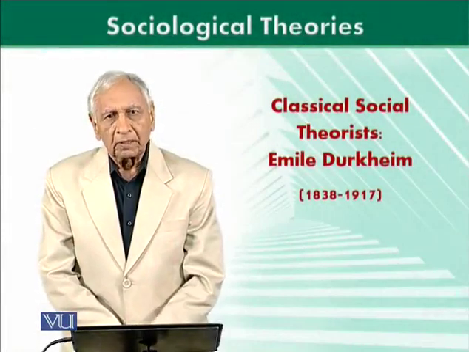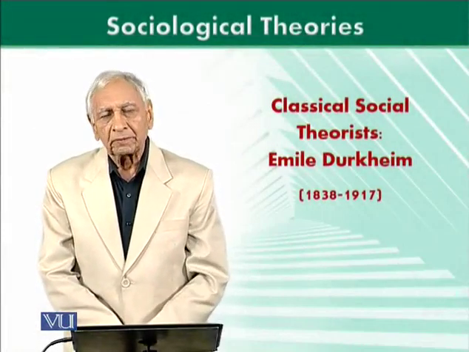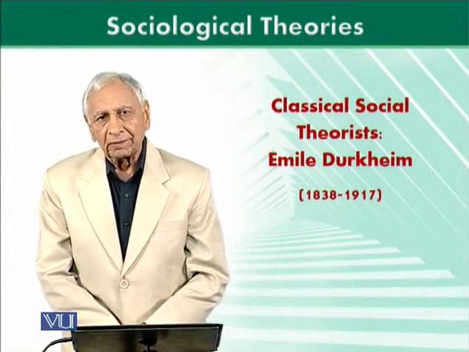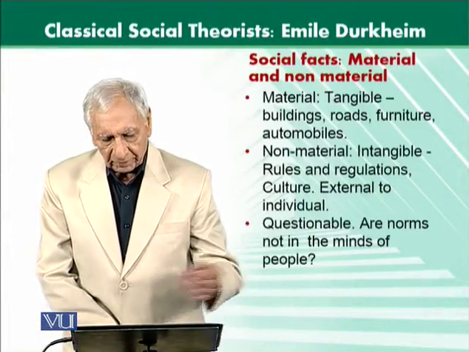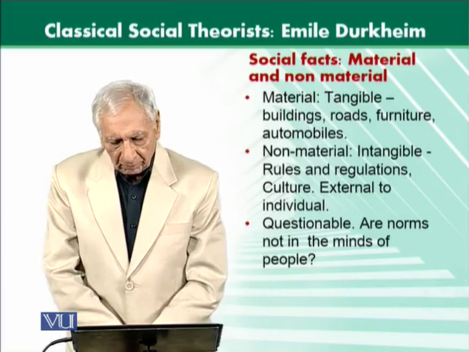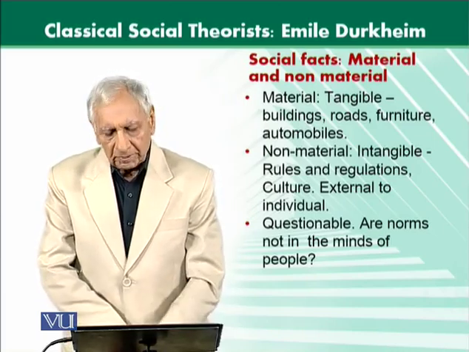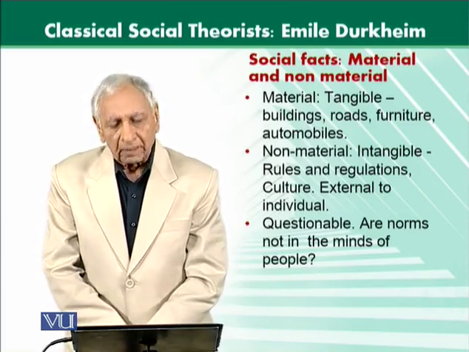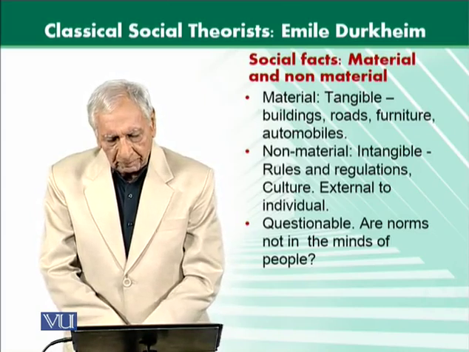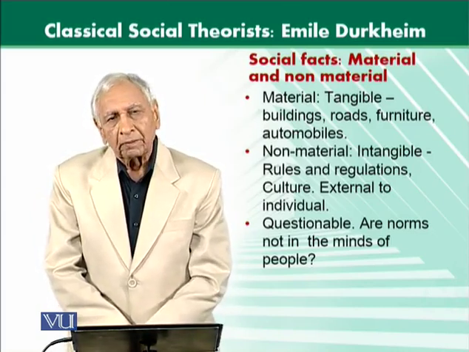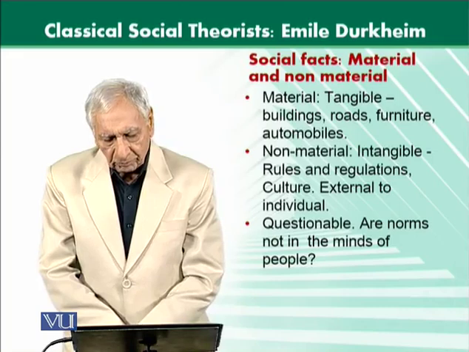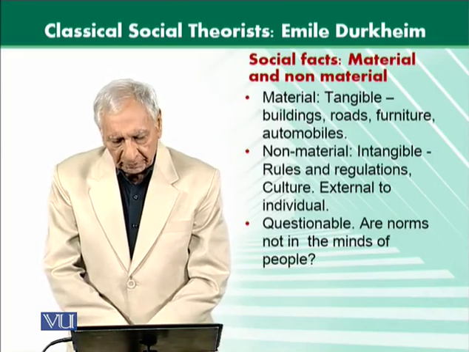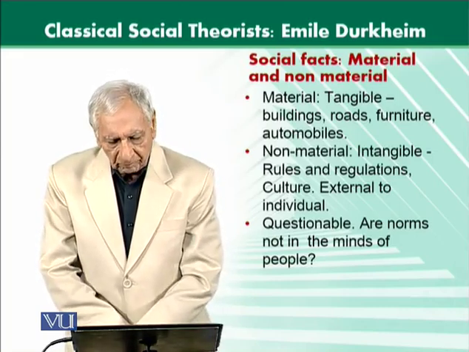Continuing with Emile Durkheim, we look at the social facts, and he tried to divide the social fact into material and non-material. Material social facts are tangible and could be considered as buildings, roads, furniture, automobiles.